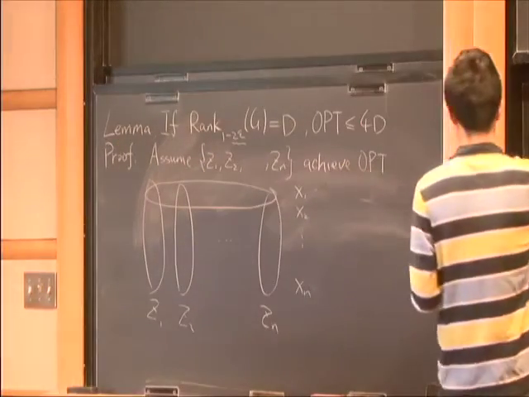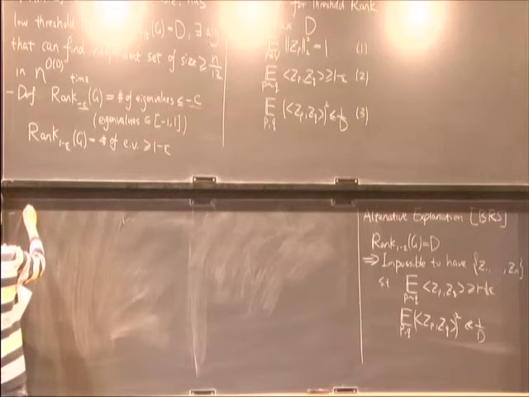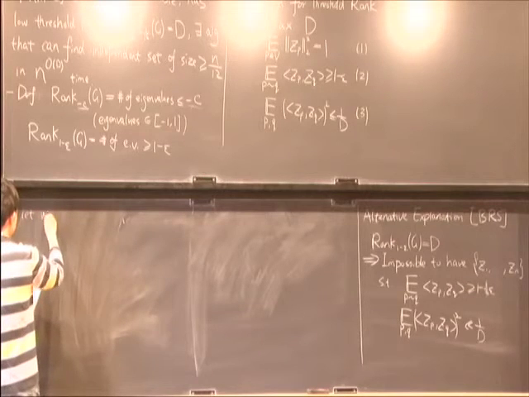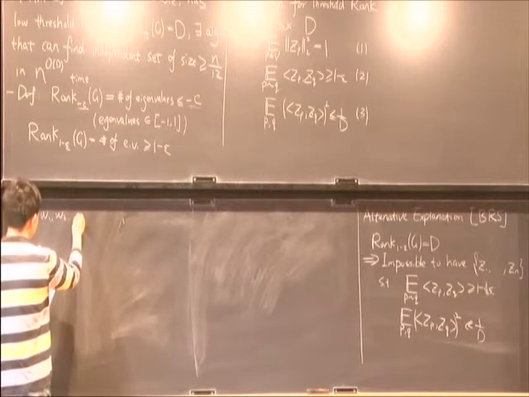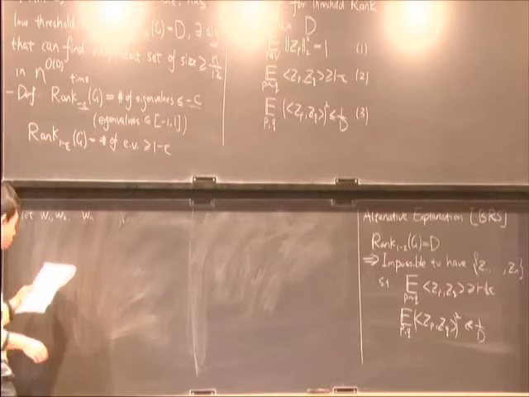We also need to think of the eigenvectors. So we let w_1, w_2 to w_n be all the eigenvectors.